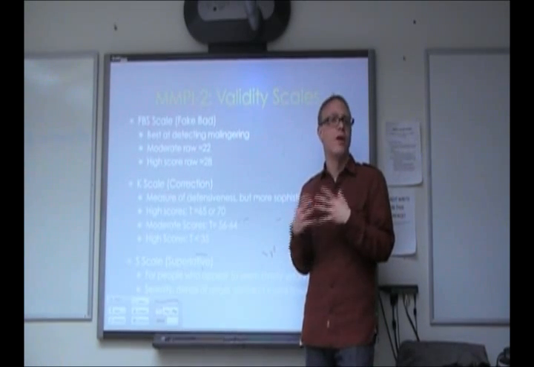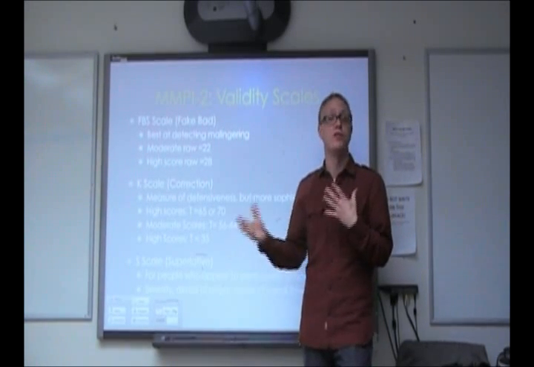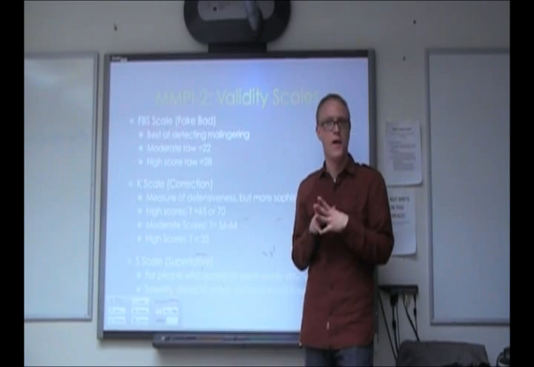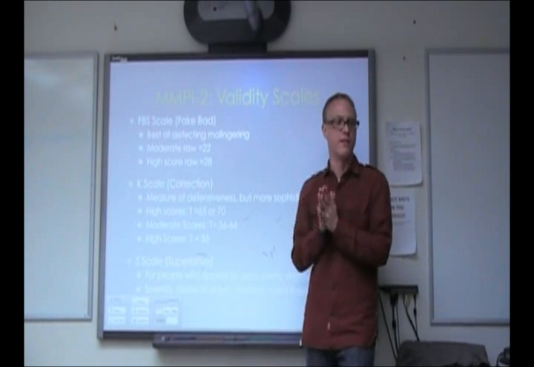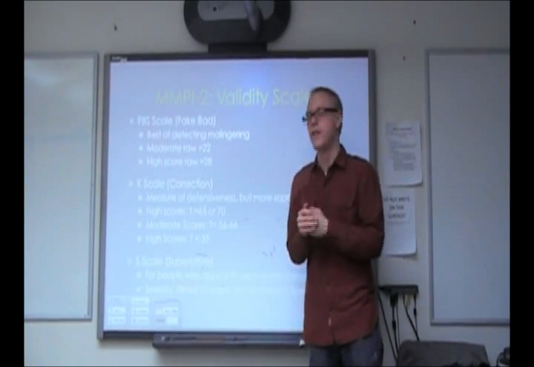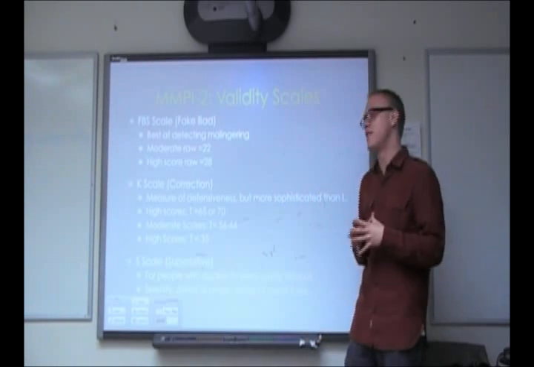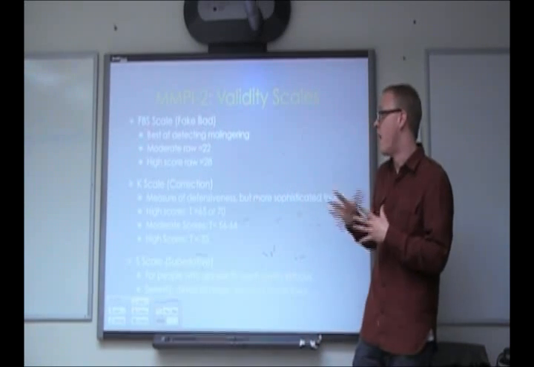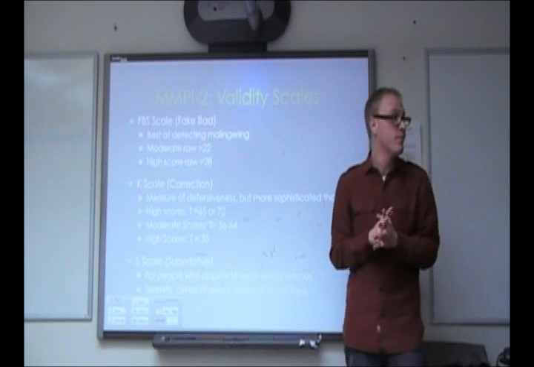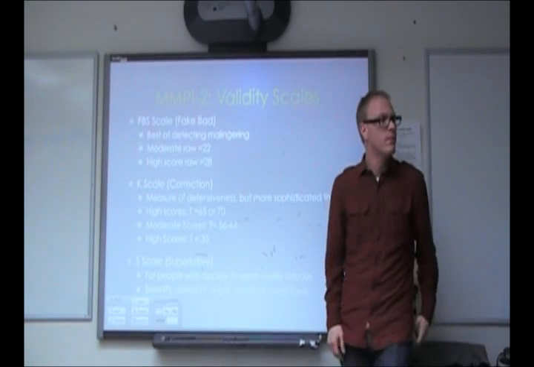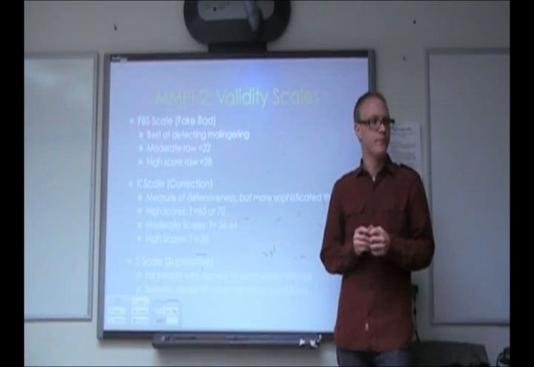Some people have argued that in people with higher education, you should use non-K-corrected scales. I trust the book of one of the people that have been most active researching the MMPI, and I tend to always use the K-corrected scales. And I think that's standard use for how to interpret the MMPI at our school too.